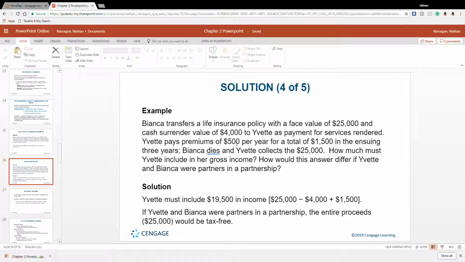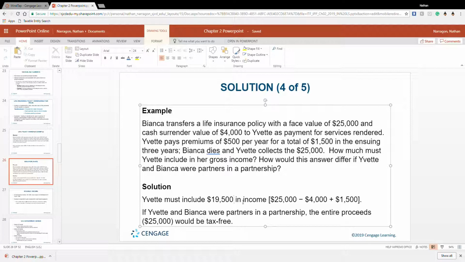Looks like their solution looks a little bit messed up, because if we actually did the actual calculation, it should not be 19,500.